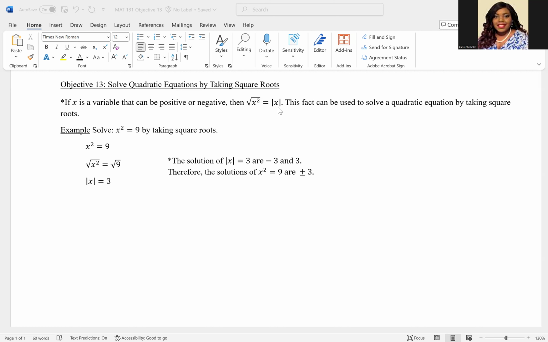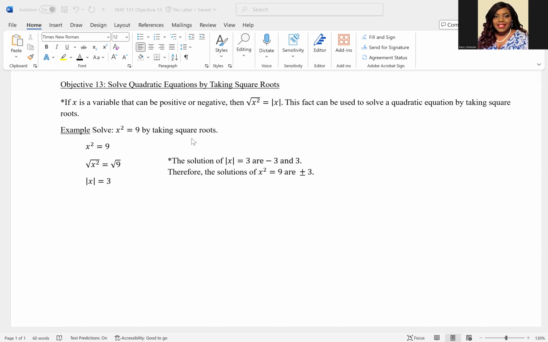And with the absolute value, if you don't remember what that is, basically whatever is inside of it, when it comes out, it will be positive. So it could be something that's positive or negative inside of those absolute values, but it will come out positive, okay? So this fact can be used to solve a quadratic equation by taking square roots.